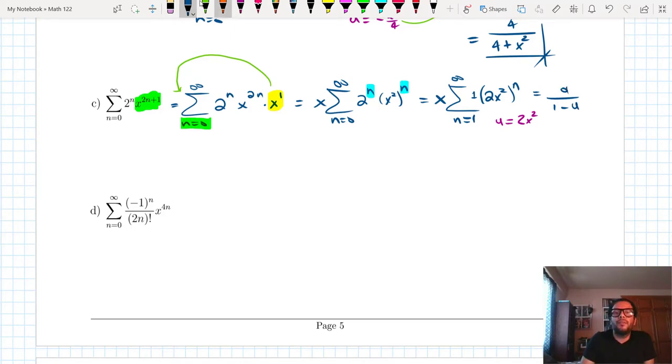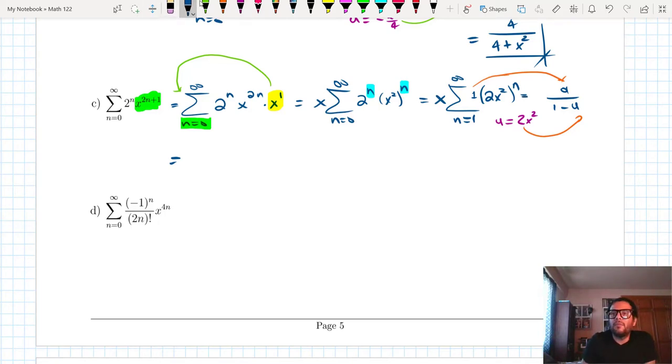Minus u, where this is a and this is u. So let's write this, and don't forget this power of x multiplying. Let me make some room here.